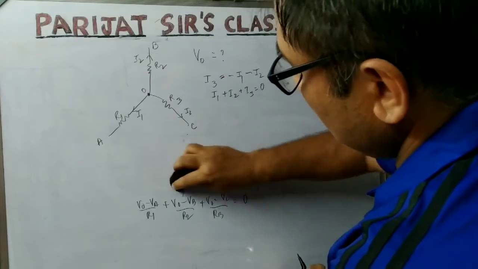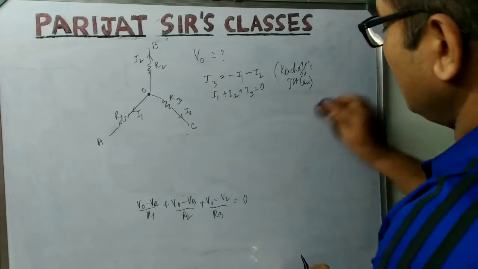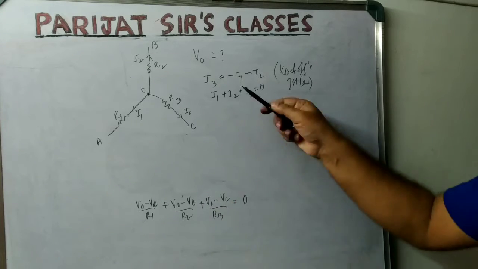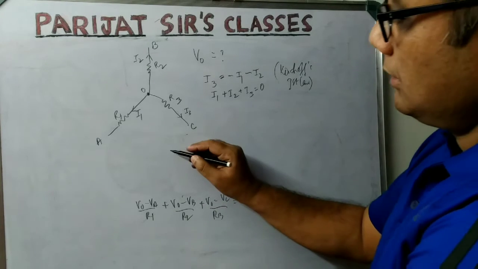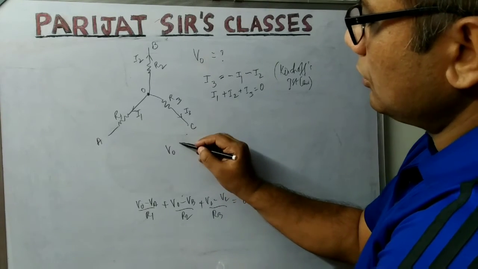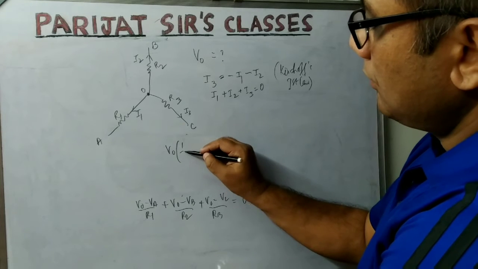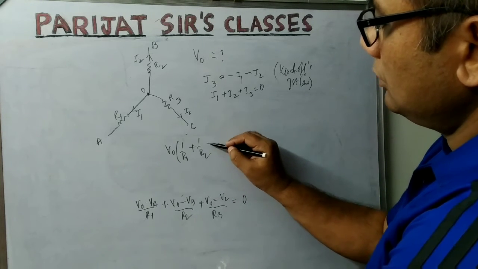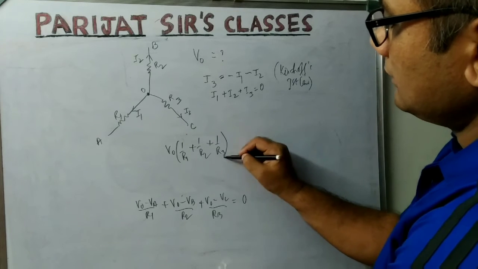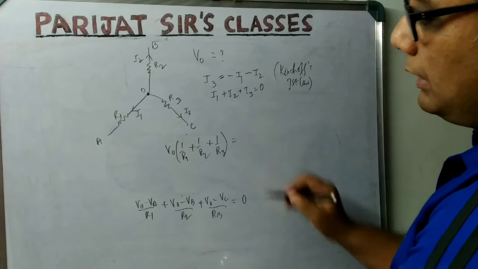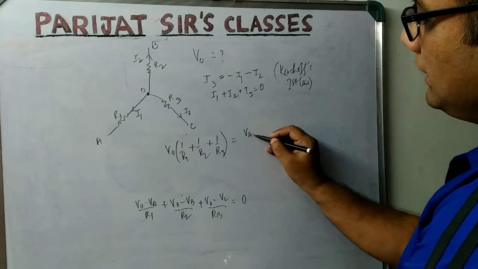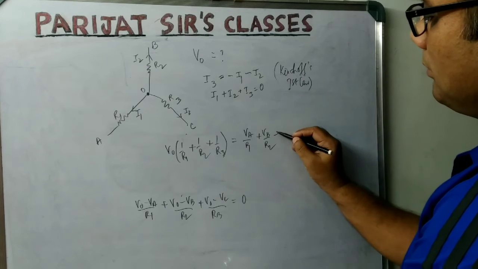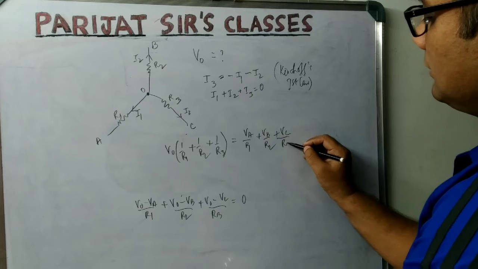So friends, I used Kirchhoff's first law, and this is I1, I2 and I3. From there, we can find VO times (1 by R1 plus 1 by R2 plus 1 by R3) is equal to VA by R1 plus VB by R2 plus VC by R3.